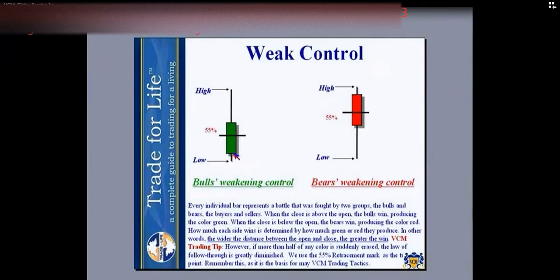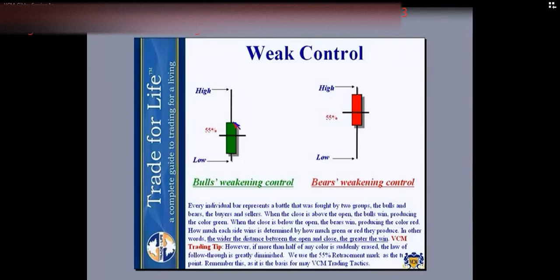All right. Weak control, we have lost a good portion of our green. Okay? We have lost a good portion of our red. Now, because we're losing green, guys, this means that the bears are starting to push back. We were green. The bulls ran it all the way up, and then the bears came in and said, no, don't think so.